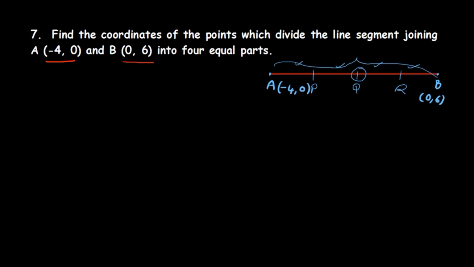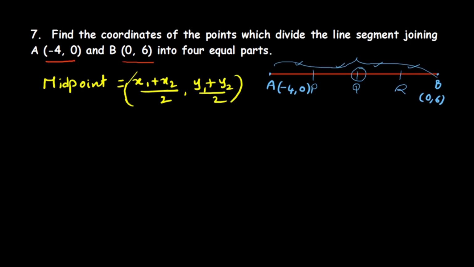That means what is the midpoint formula? So we should take the midpoint formula here. Midpoint is equal to x1 plus x2 by 2 and y1 plus y2 by 2. Okay, so this is the formula to find the midpoint.